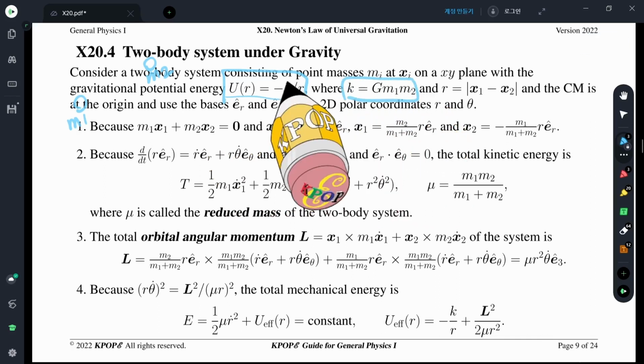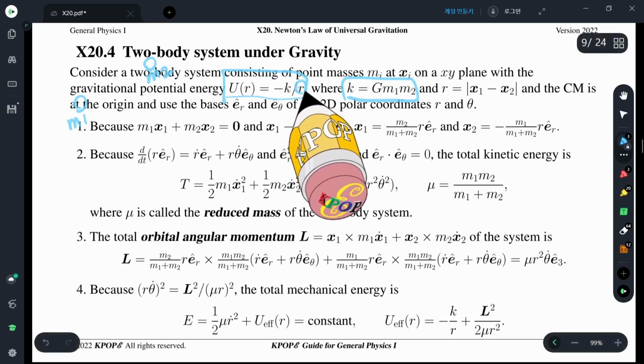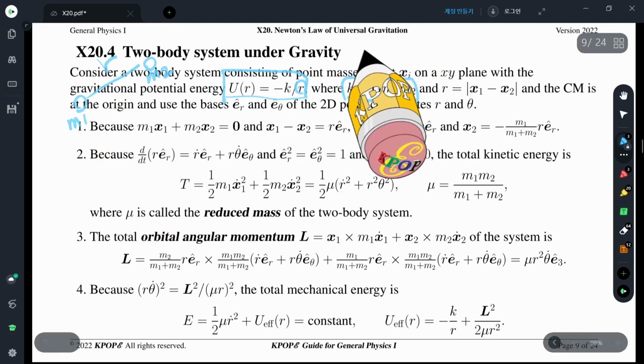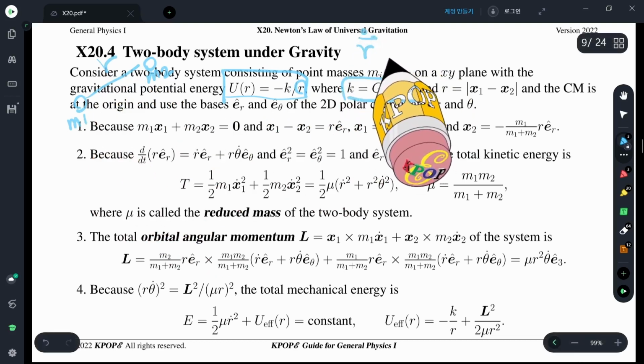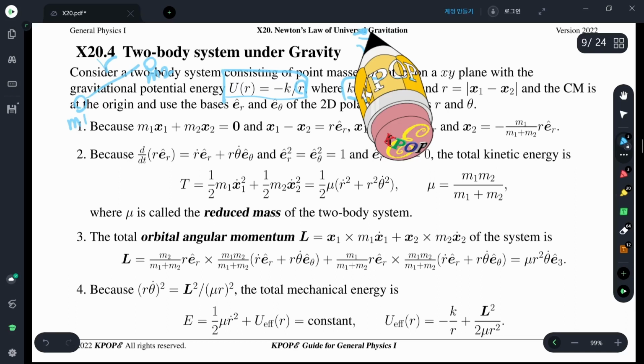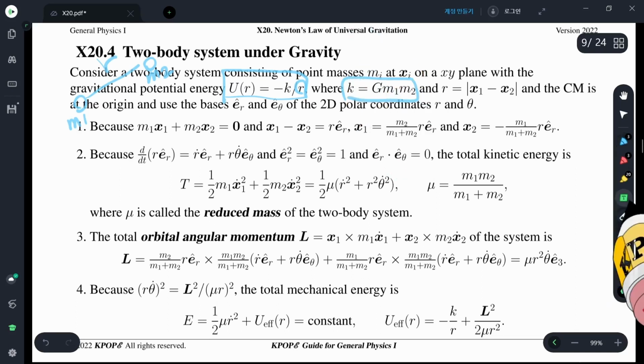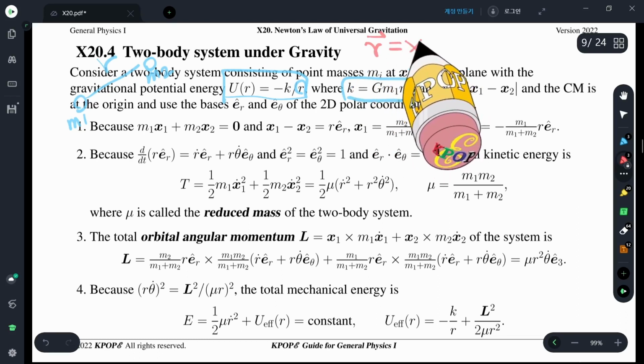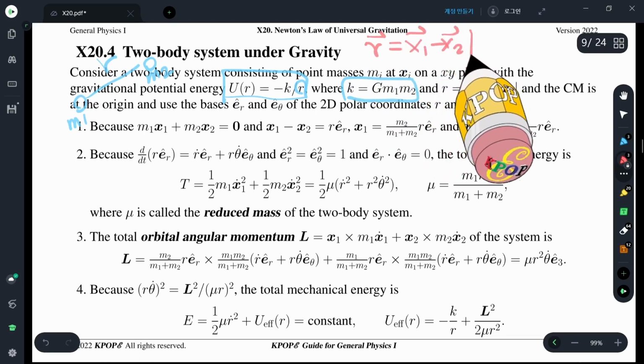We introduce the distance r, that is the distance between the two objects. So this is a very nice coordinate, the relative coordinate. The relative coordinate is defined by the magnitude of x1 minus x2.